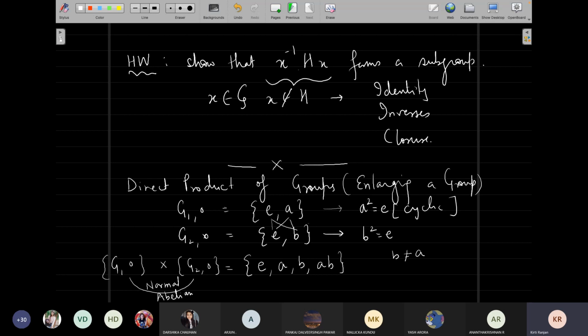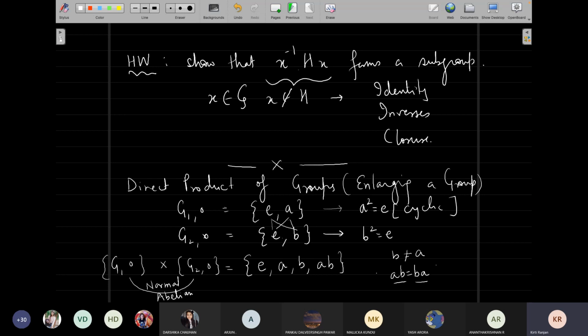However, there is one additional structure which I am asking for now: AB is equal to BA. That is, an element of group G1 commutes with an element of group G2.